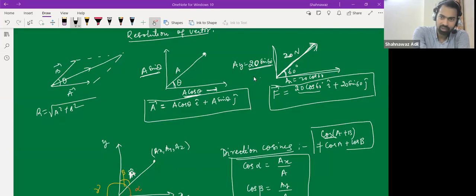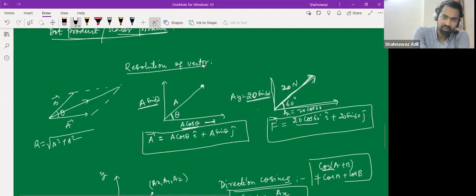Okay, but we already discussed this resolution of a vector, right? So let me quickly repeat it. Whenever we have a vector and its magnitude is given and its angle is given, we can break this vector into 2 parts. This is called the rectangular coordinate.